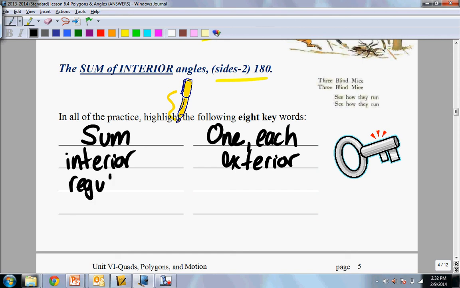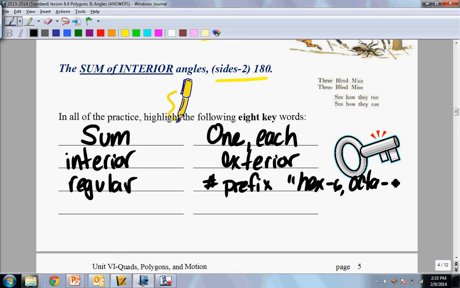Watch out for the word regular. Look for number prefixes, such as hexagon, meaning 6, and octagon, meaning 8.